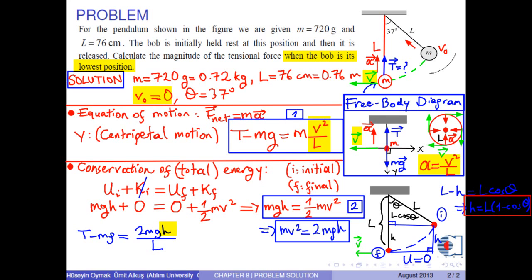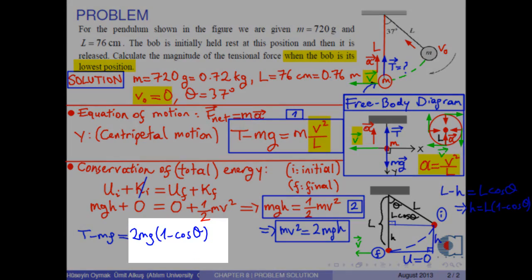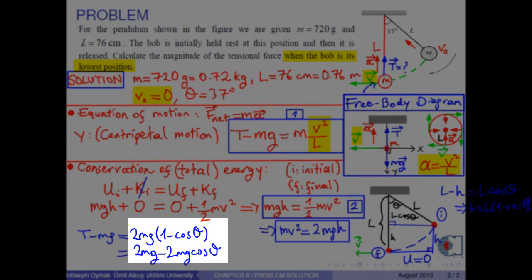From the figure, we know that h equals L times 1 minus cosine theta. The L's are cancelled, then we obtain 2 times m times g times 1 minus cosine theta. If we expand this expression, we obtain 2mg minus 2mg times cosine theta.